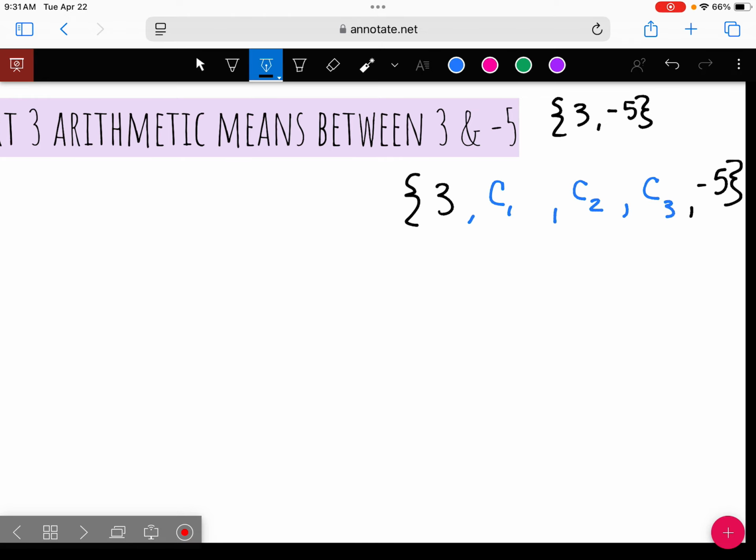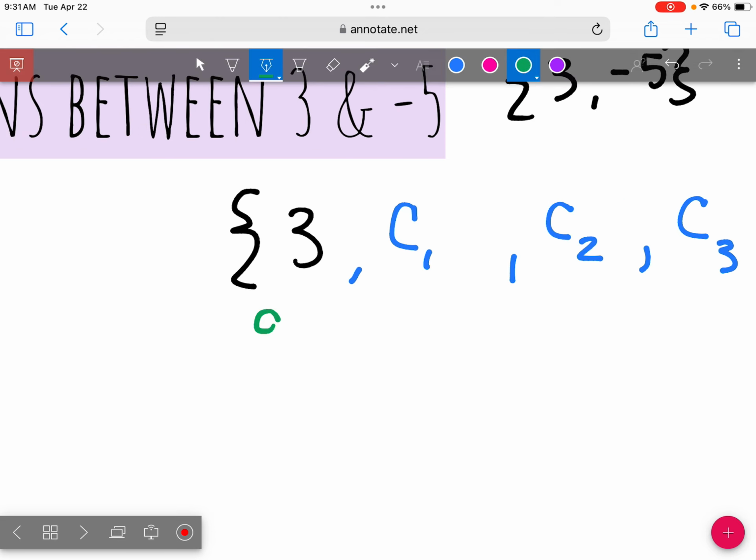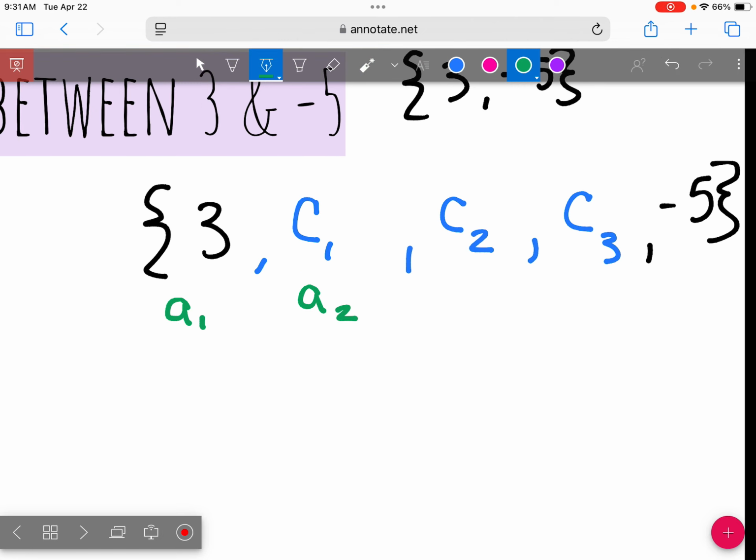Okay, so this is what we want our sequence to be. Instead of just a first term and a second term, now we have a first term, second term, third term, fourth term, and fifth term.